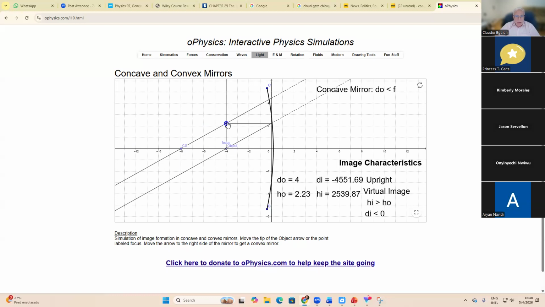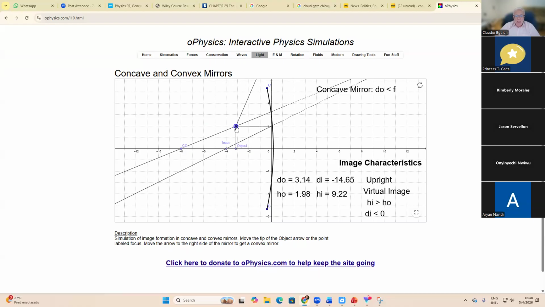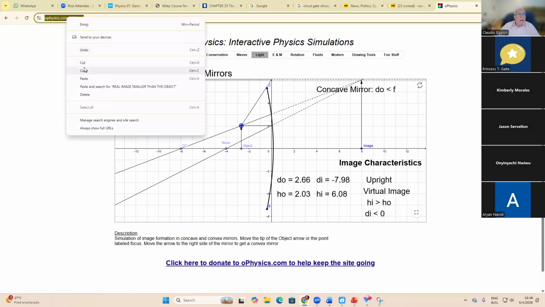And when the object goes past the focal point, the image becomes virtual, right here, virtual image. And the image is larger than the object. See that? Here's the image right here.